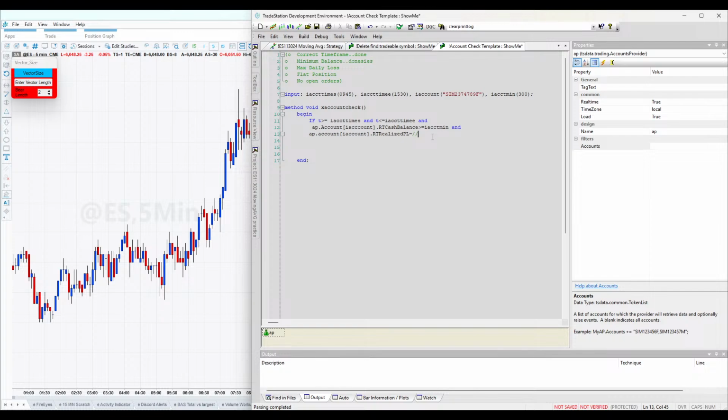Well, your loss is negative. So we need to say that our loss has got to be greater than or equal to max loss. Max loss. We're going to set.